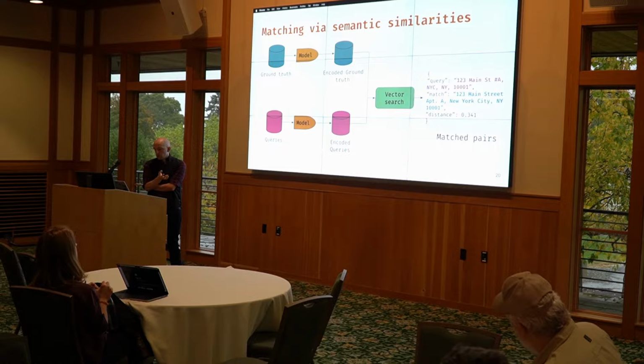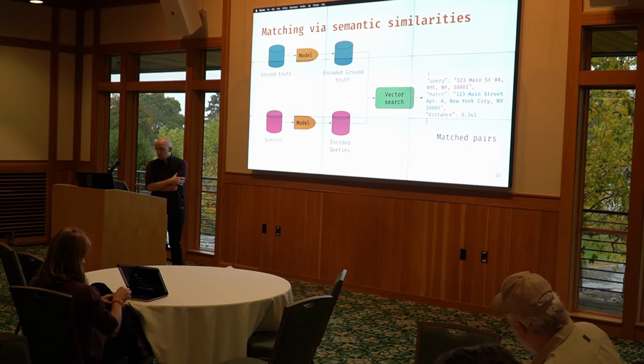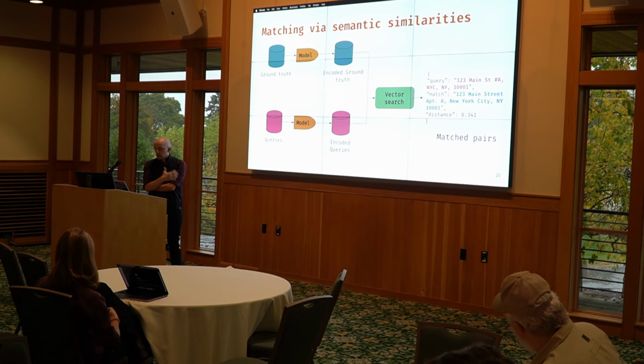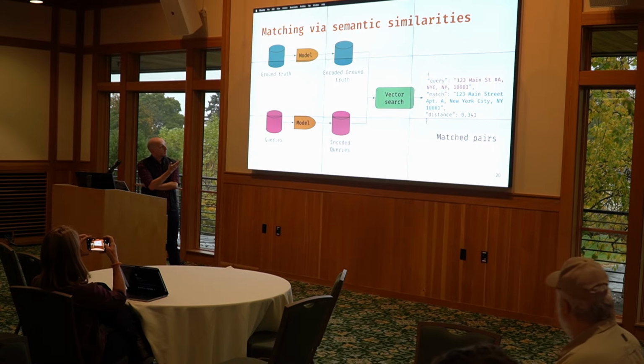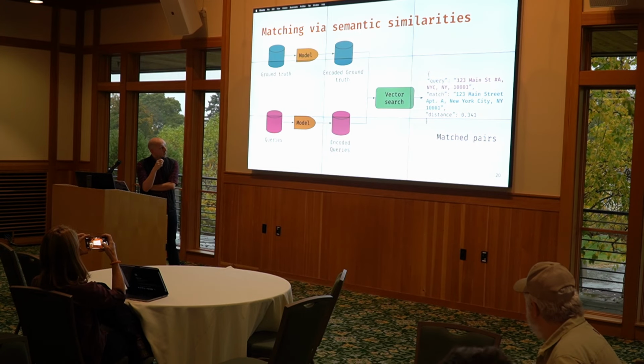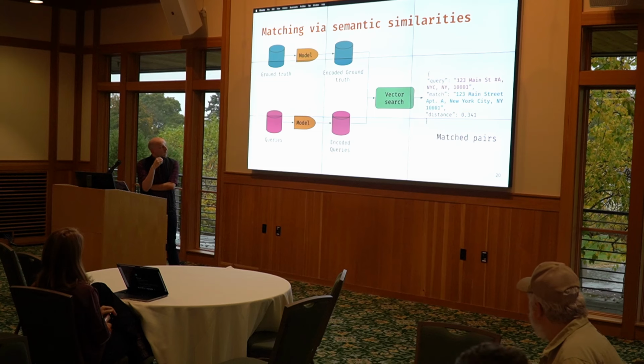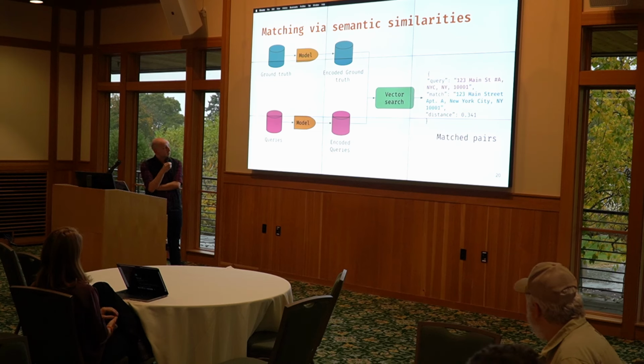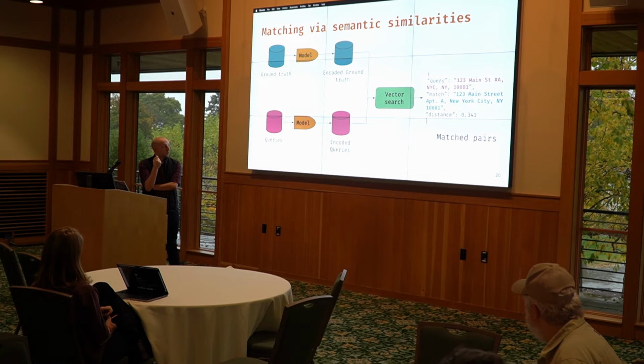And then we'll use vector search to hopefully match addresses that are spelled a little differently yet convey the same meaning. So in the example here, even though street is spelled ST in one case and street in the other, and the unit is spelled differently and the city is spelled differently, our model will assign a small distance between these two vectors and therefore decide that this is indeed the right match.